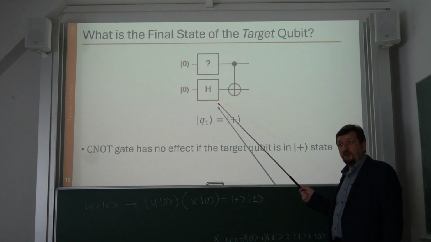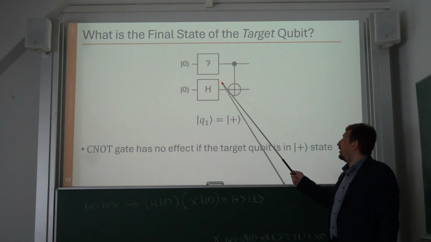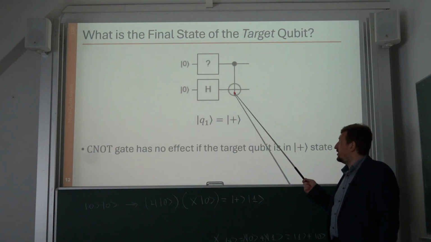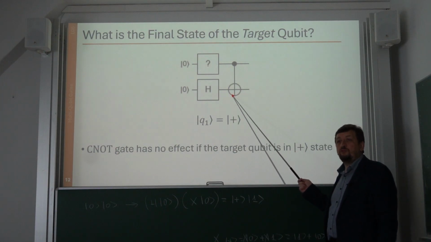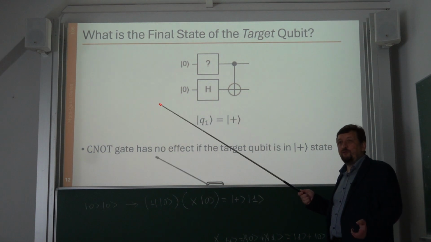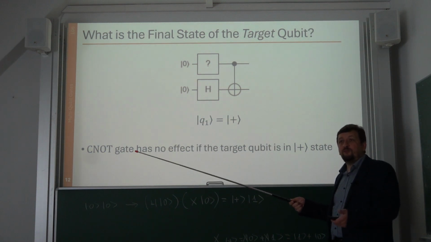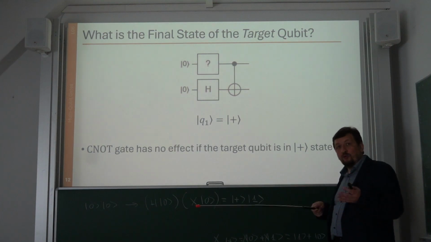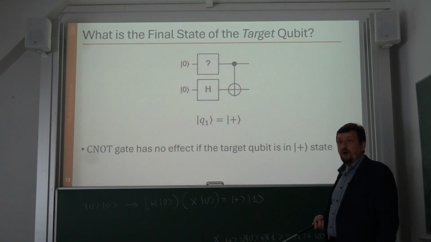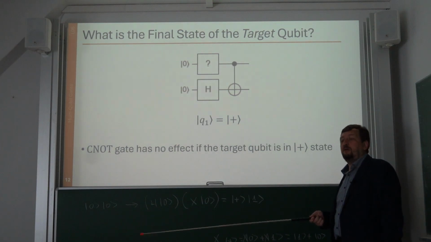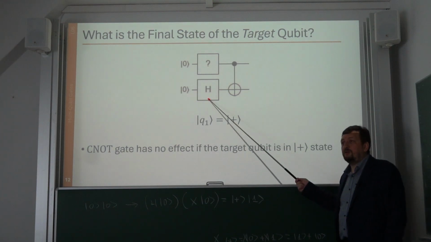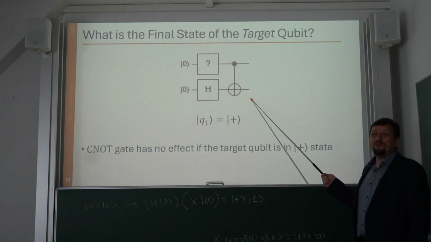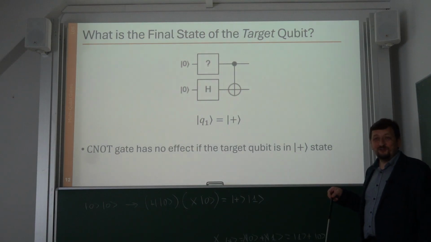Because for a classical control NOT gate, it always does something to the target bit. It always flips it if the control is 1. So there will always be some changes. Here we can create such a state which is resistant to the application of control NOT.